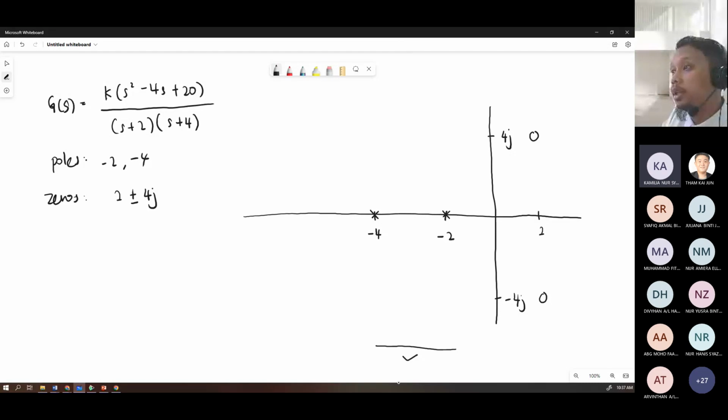And lastly, from -4 to infinity, there are four things, two poles and two zeros, meaning that there is no root locus on this real axis. So the root locus will exist only on here.